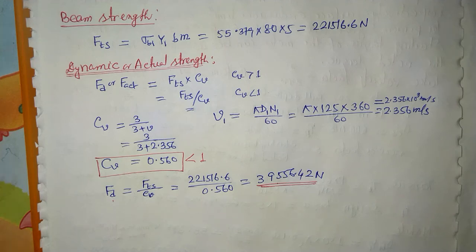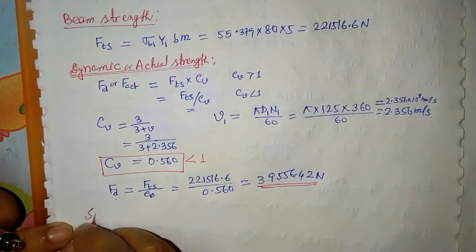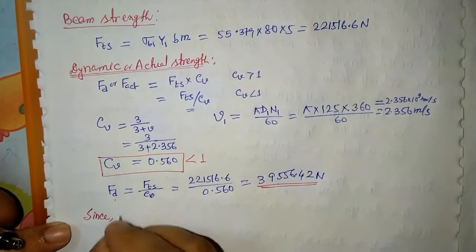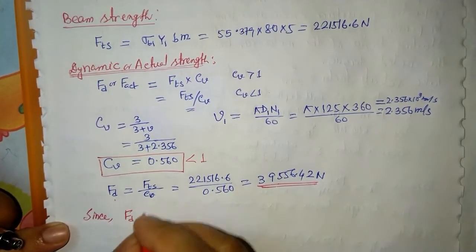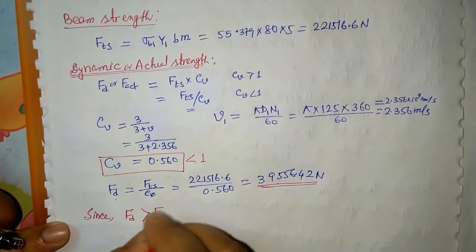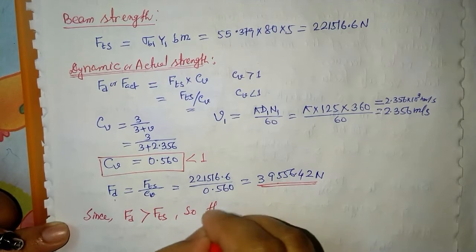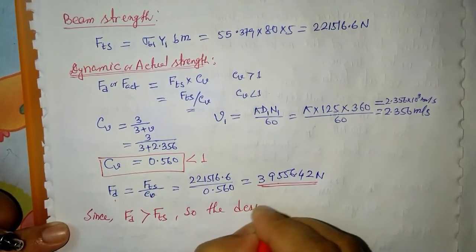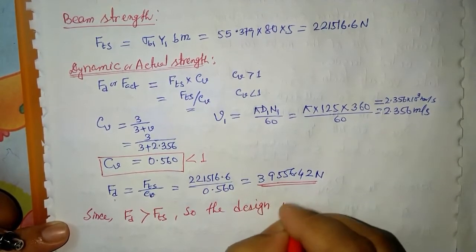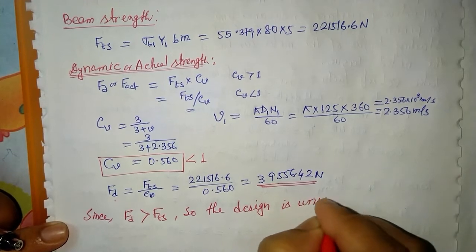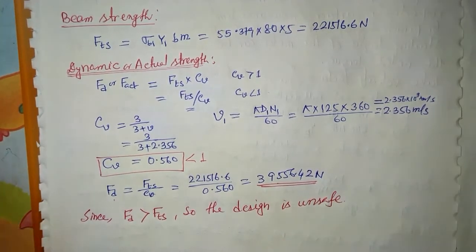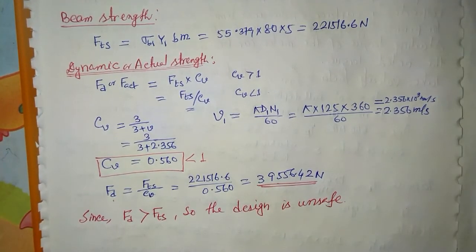Okay, so we can write since f of d is greater than f of ts, so the design is unsafe. Okay, so earlier we have seen that if the design is unsafe, then we have to find the new module.